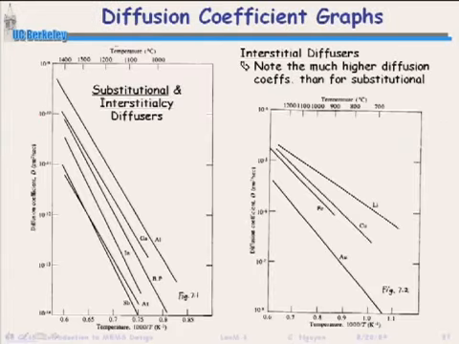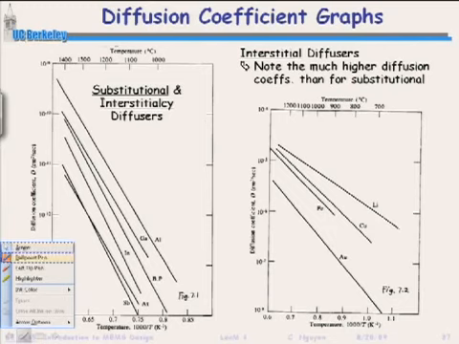Then you can go on this side and look at the interstitial diffusers. So things like gold, copper, lithium, iron. This is why CMOS people don't like them, because it doesn't take a lot. Right? Look at their diffusion, 10 to the minus 6 compared to 10 to the minus 12. Right? We're talking 6 orders of magnitude faster diffusion. So if you get gold anywhere near your CMOS circuit, that gold is going to find its way to your devices.